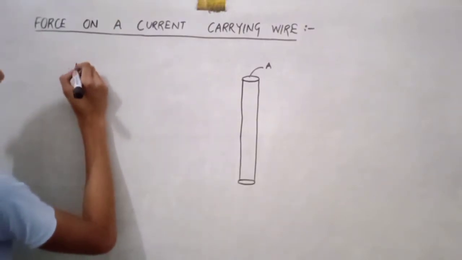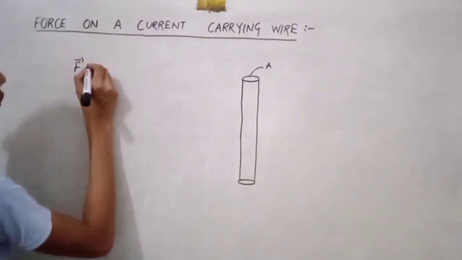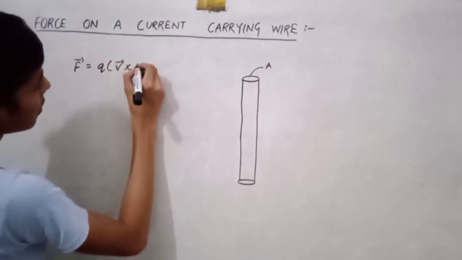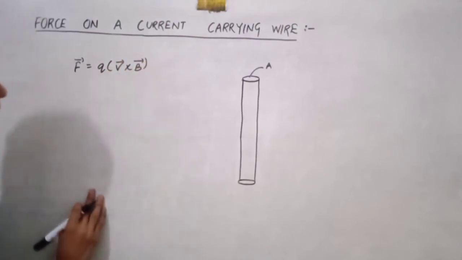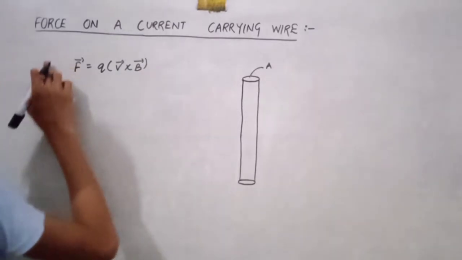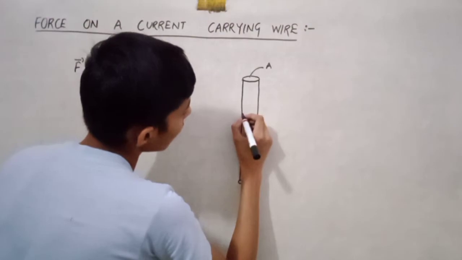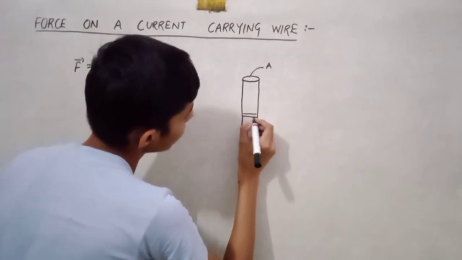Now we know that force equals Q V cross B, and we have to find here the force on a current carrying wire. For this we have to suppose a small element.